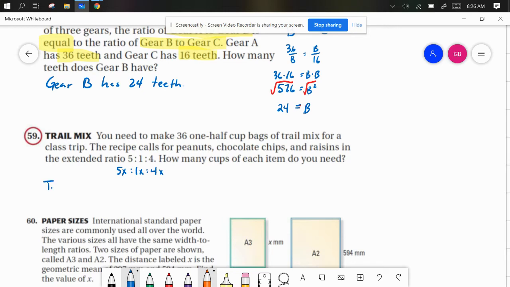So if the total is 36, then 5x plus 1x plus 4x would be the entire trail mix put together. Okay, so 36 is now equal to 10x.